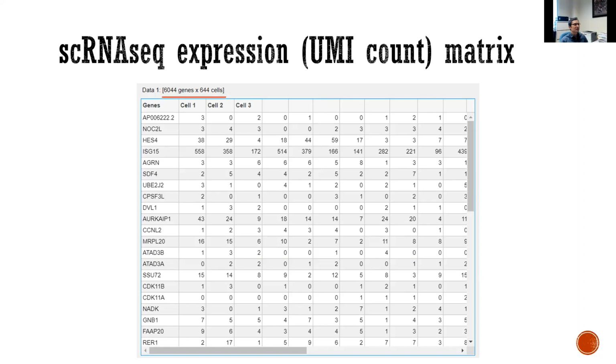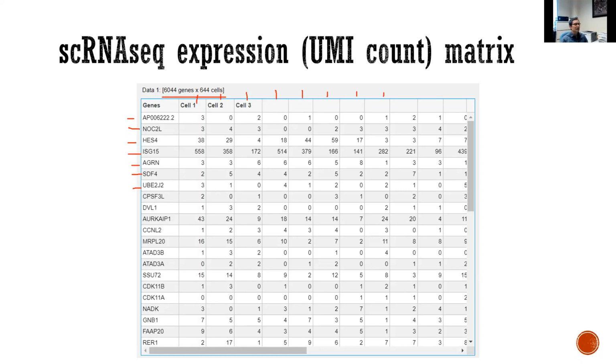In this part of the matrix, you can see the names of the genes in the rows, and the columns indicate the cells. So what do you do if you have such a matrix?